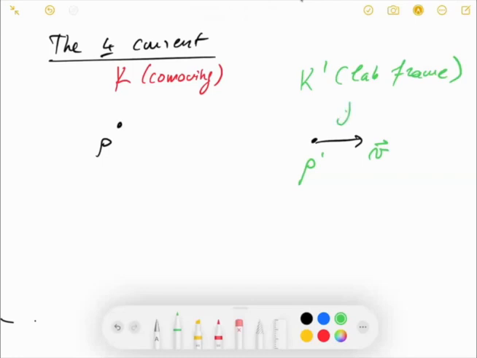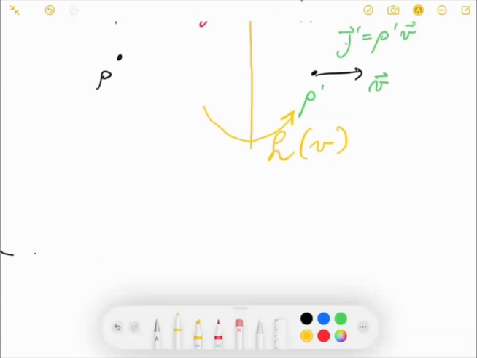But of course, now we have a current density here, which is now J, which is, that's of course scalar, rho prime v. Okay, so there is a Lorentz transform that takes you from here to there. All right, so there's a Lorentz transform with some speed v, and when you do that, there are two things that happen when you take that transform.